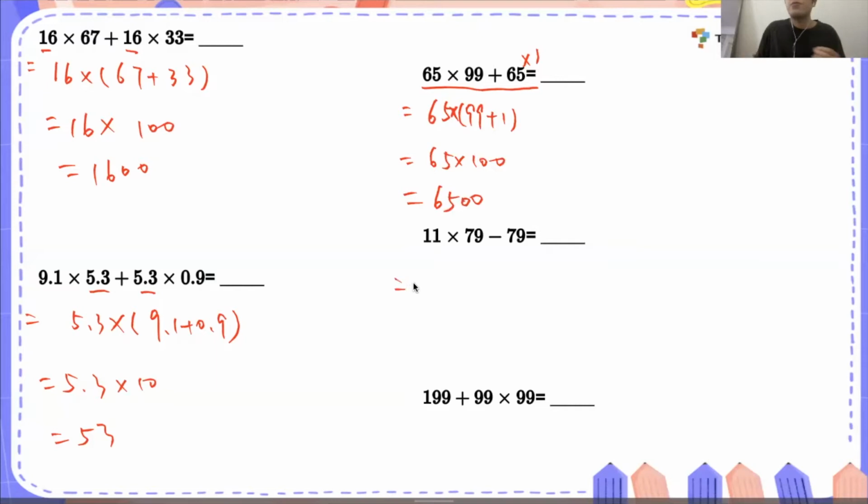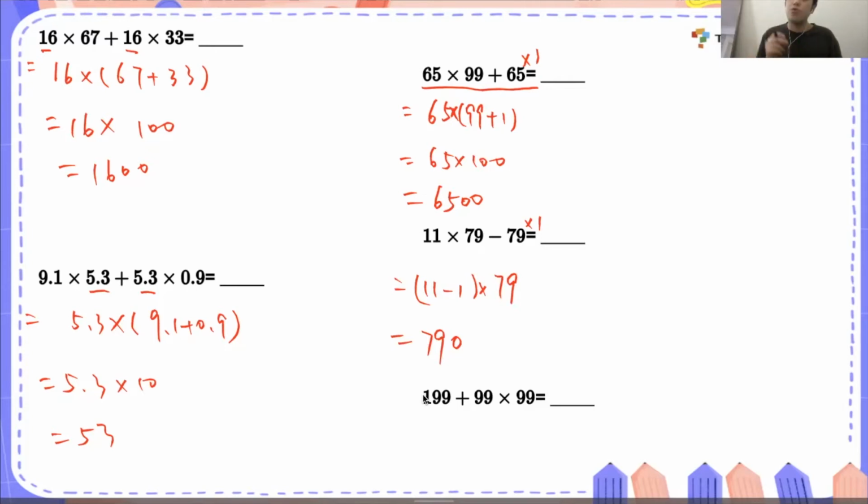Okay, and next one. So when we see a number, we can always treat this number as this number times 1. So that makes this question easier. 11 minus 1, and we just extract 79. So that is 790.